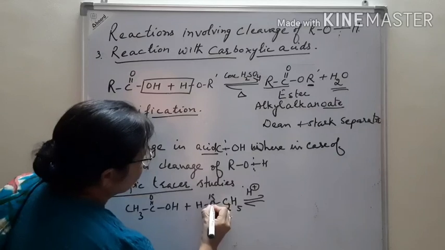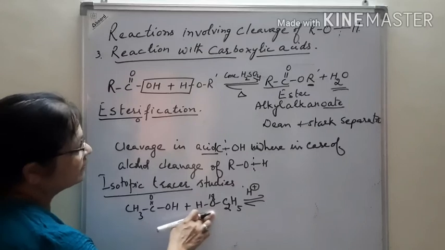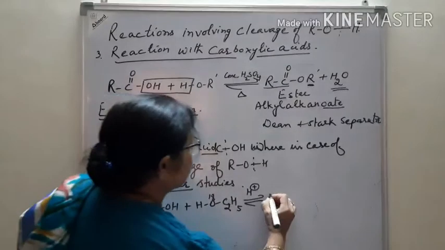To prove it, we take an isotope of oxygen, that is O-18, in ethyl alcohol, and then we perform the reaction.